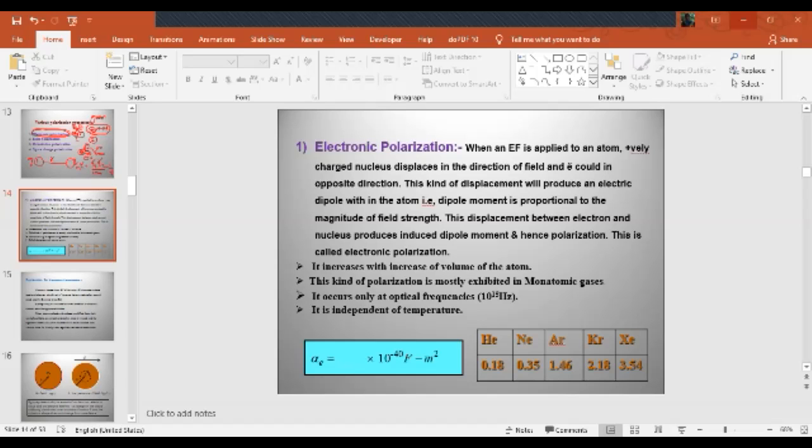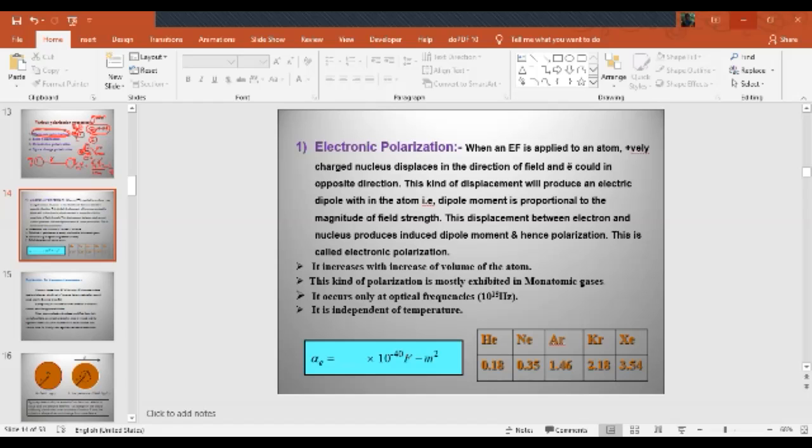The center of gravity of the positive charges, the protons, coincides with the center of gravity of the negative charges, the electrons. Examples: O2, N2, H2.